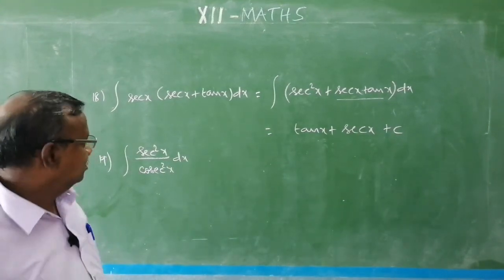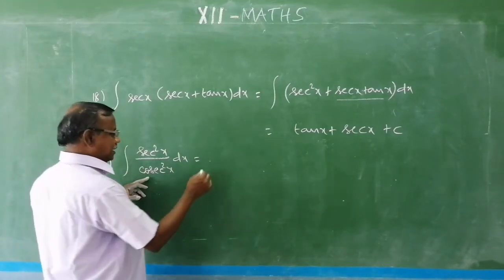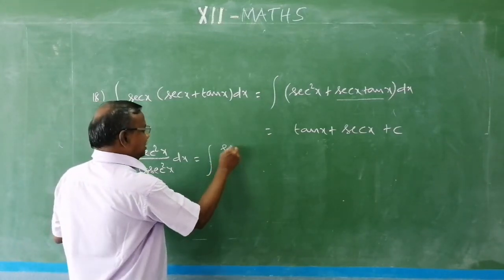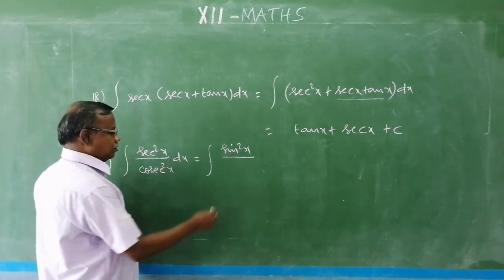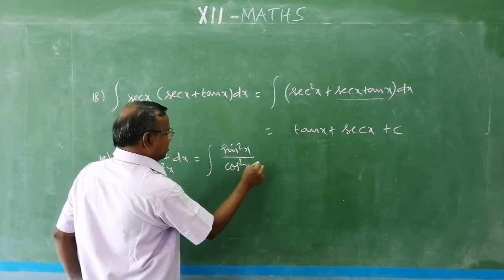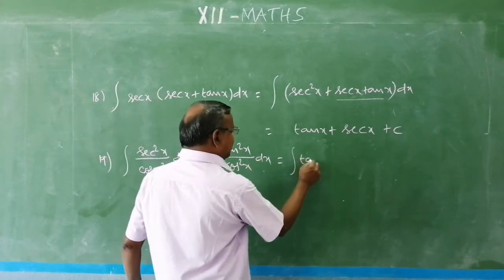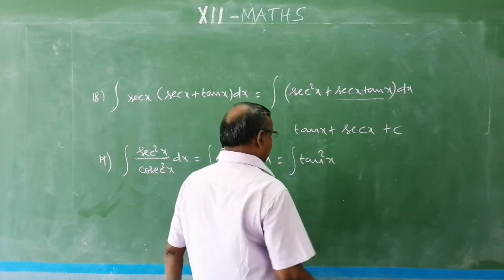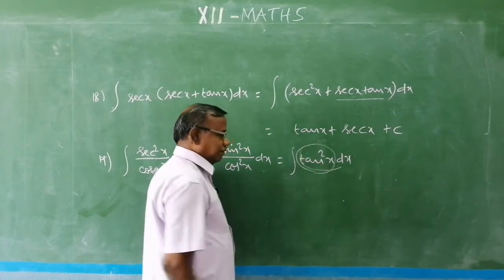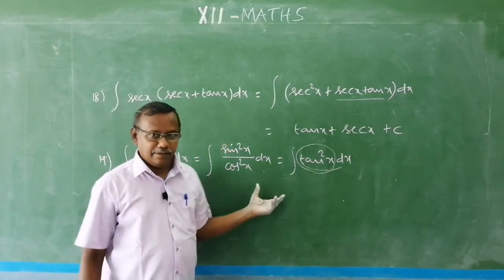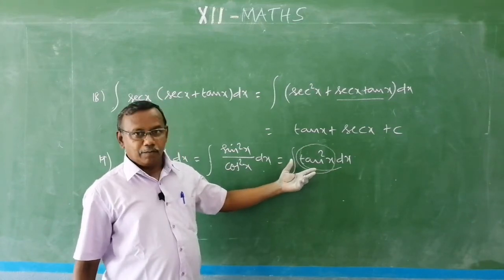Now 1 by cosecant square x is equal to sin square x, and secant square x becomes 1 by cos square x, and this is equal to integral tan square x into dx. Now we don't have any formula. Check whether the formula for tan square x is given in your book or not, but we have not been given any formula for tan square x.